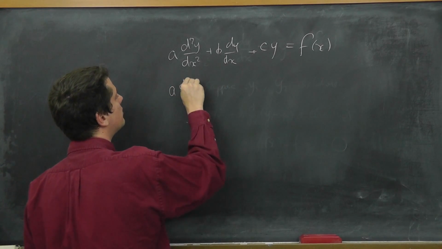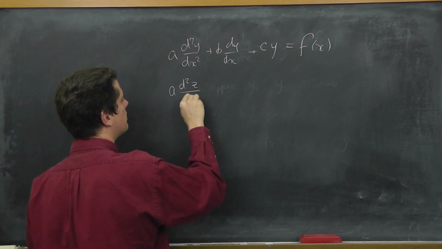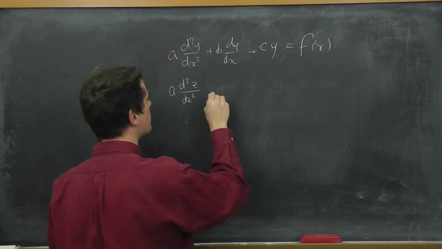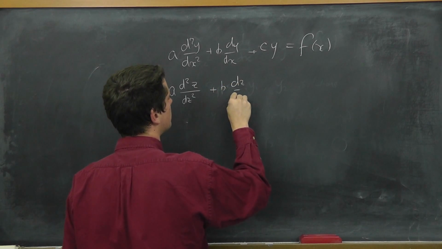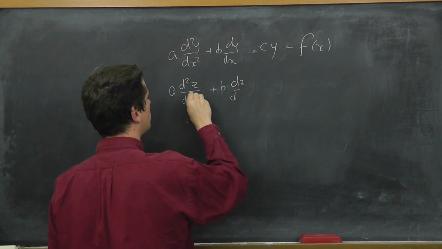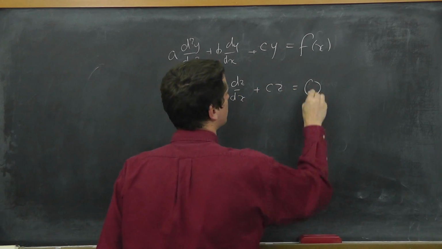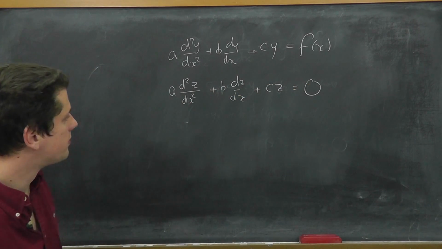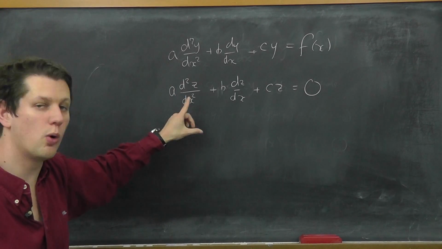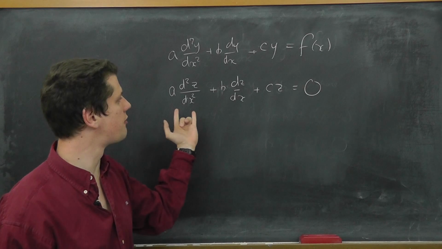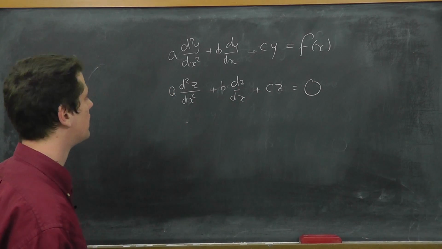So we have a function z such that a times the second derivative of z plus b times the derivative of z plus cz is 0. So we have a solution to the equation we're interested in, and suppose we also have a solution to the same differential equation, but where we replace the right-hand side with 0.